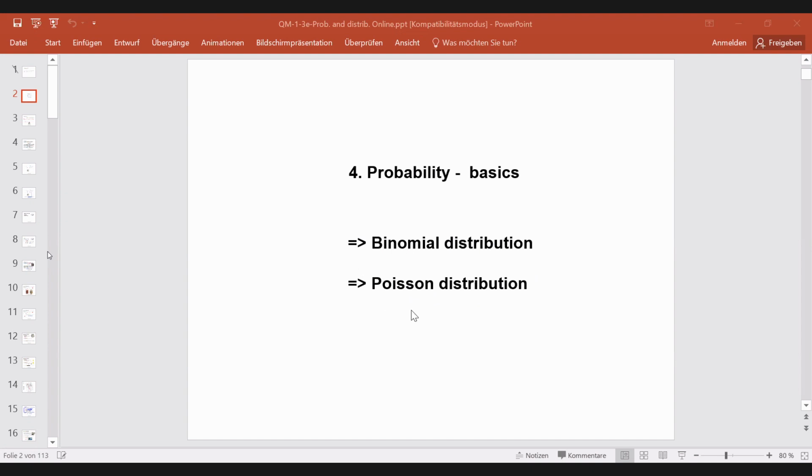To understand these examples about binomial and Poisson distribution, at first we need some basics. The basics start very simple, and I will only show you some basics which you need to understand the binomial and Poisson distribution later on.